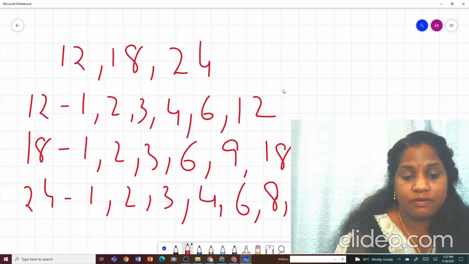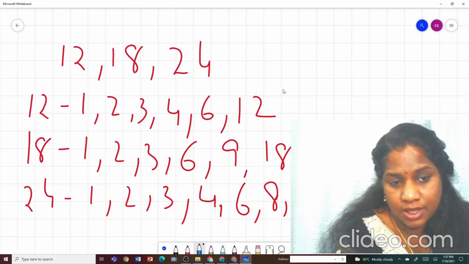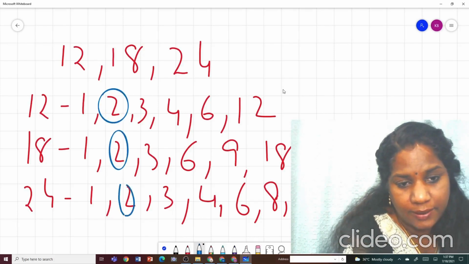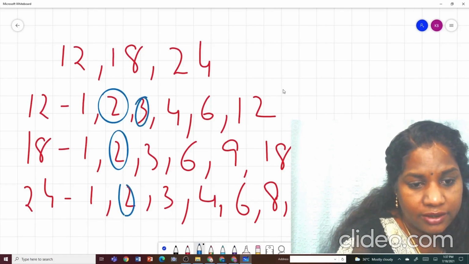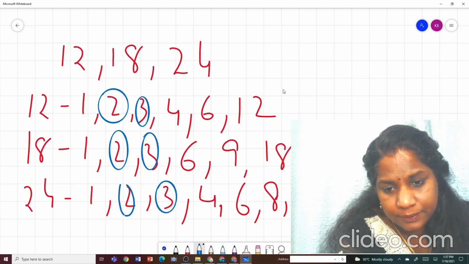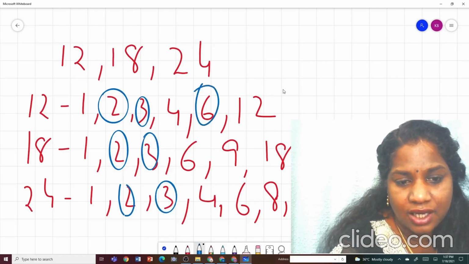Now you tell me which factors are common. See, 2 is common. In all of them 2 is there. 3 is also there. 1, 2, 3. Anything else? 6 is there.